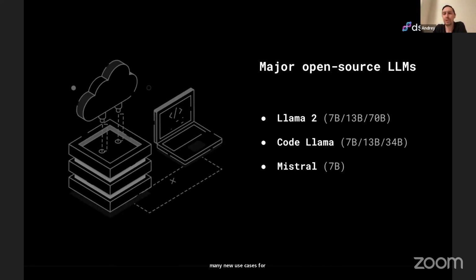And finally, Mistral was released not long ago. Mistral is a very small model. It's only offered at the 7 billion parameter size, but I basically have to update this slide because Mistral just recently released a larger model called Mixtral, which has a significantly more complex architecture and much larger size.